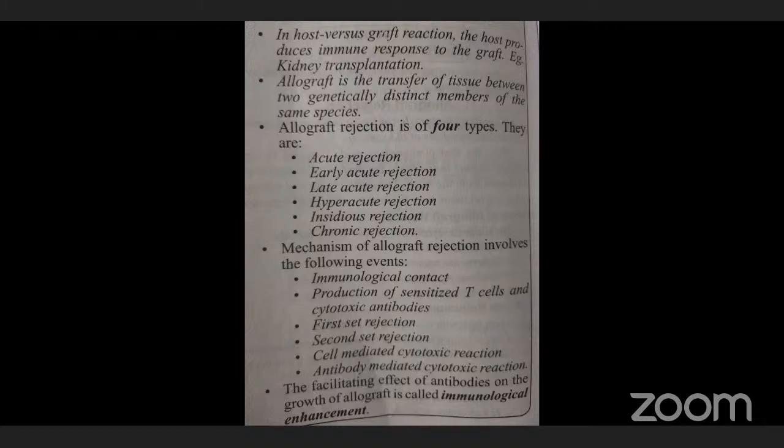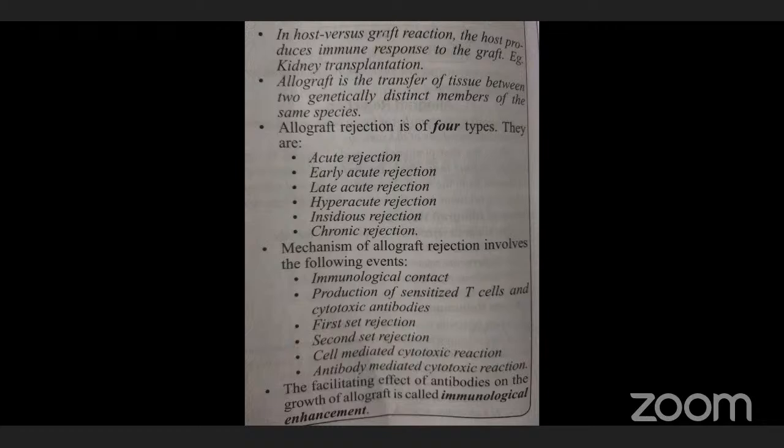So while transplanting organs or tissues from one identical twin to the other, no rejection occurs, and the transplanted organs or tissues can survive throughout life. Clear. The third type is allograft, which is also called an allogenic graft.